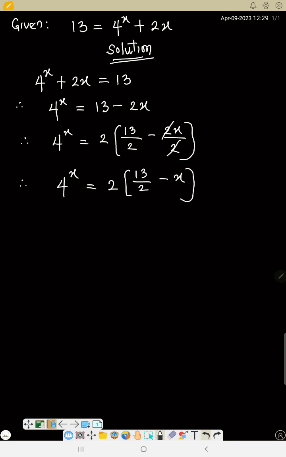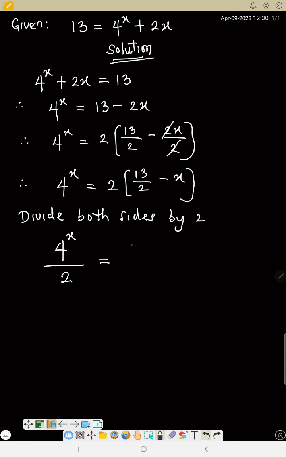Remember, 2 will cancel out 2 there. So I can divide both sides by 2. So this will become 4 raised to power s divided by 2 equals 13 over 2 minus s, like that.